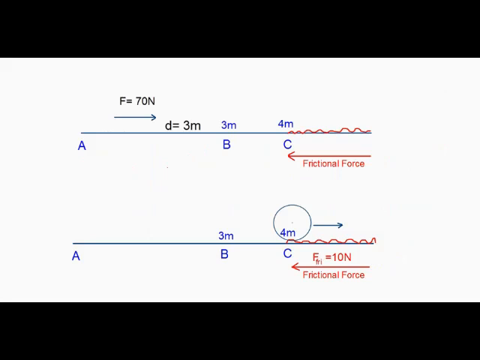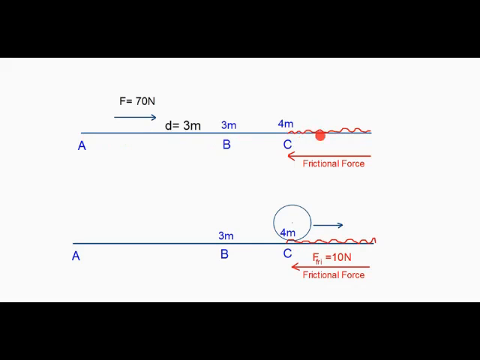Here, it moves smoothly without frictional force until point B. And then, when the ball reaches point C, at 4 meters, the surface now has frictional force, which means it is bumpy.